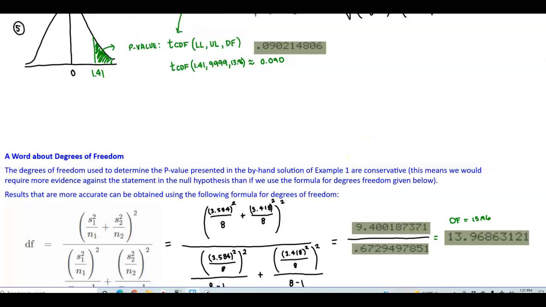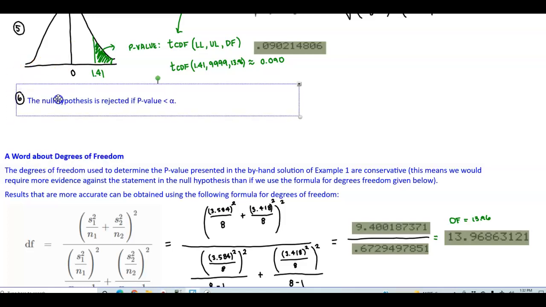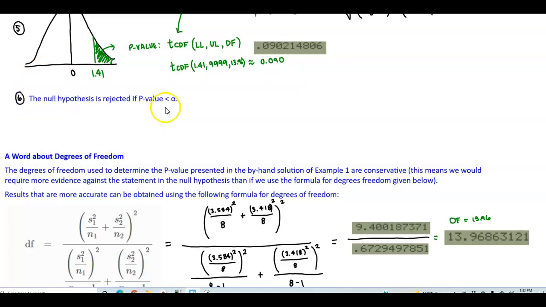Now the next step is we want to compare the p-value with the significance level. So what does that tell us? Well, the null hypothesis is rejected if the p-value is less than alpha. So let's take a look at the p-value that we found and then compare it to alpha.